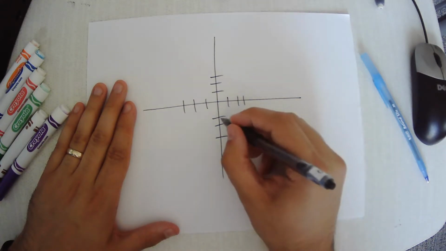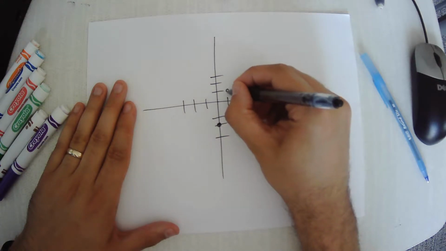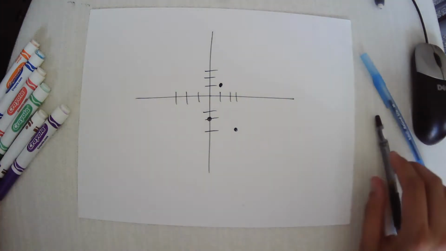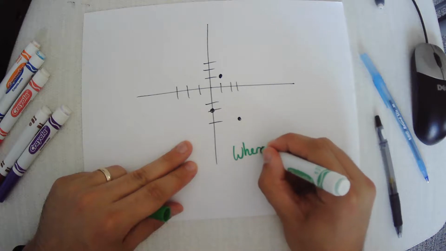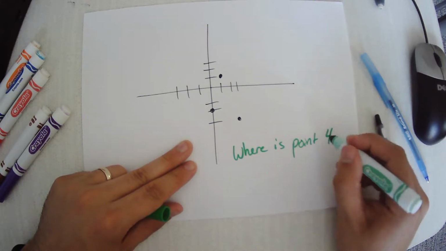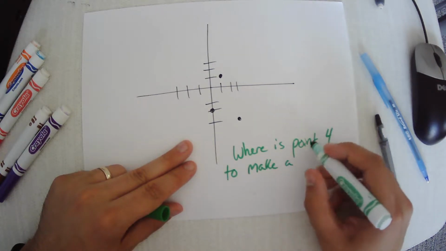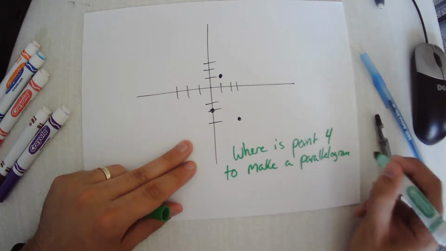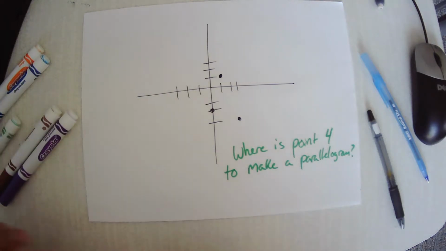So if that's 1 point, and that's 1 point, and that's 1 point, where is my 4th point? To do that, I'll write out the points over here so we can see them.